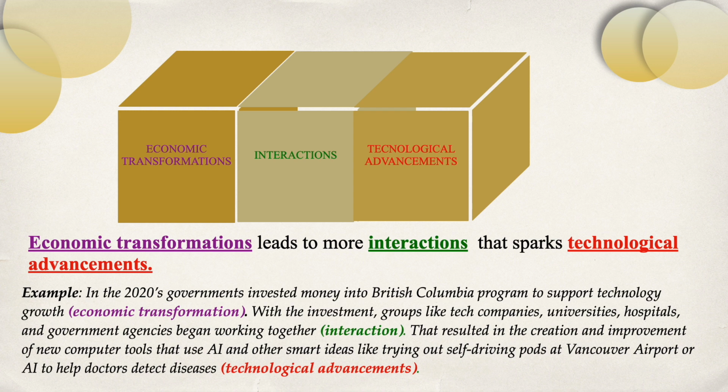With the investment, groups like tech companies, universities, hospitals, and government agencies began working together, interaction. That resulted in the creation and improvement of new computer tools that use AI and other smart ideas, like trying out self-driving pods at Vancouver Airport, or AI to help doctors detect diseases.